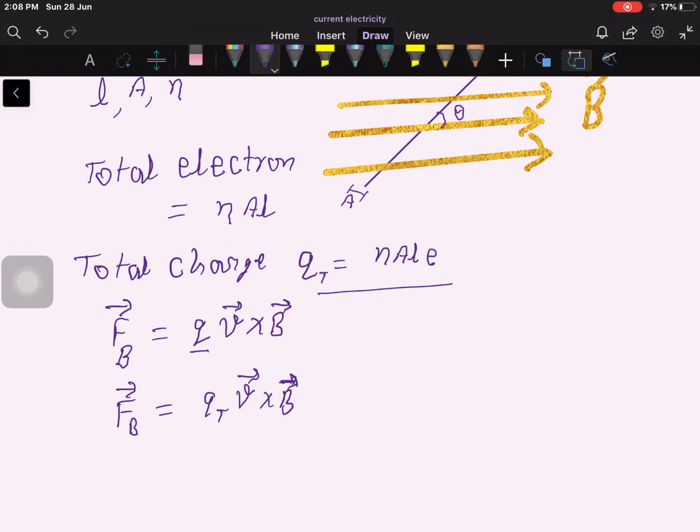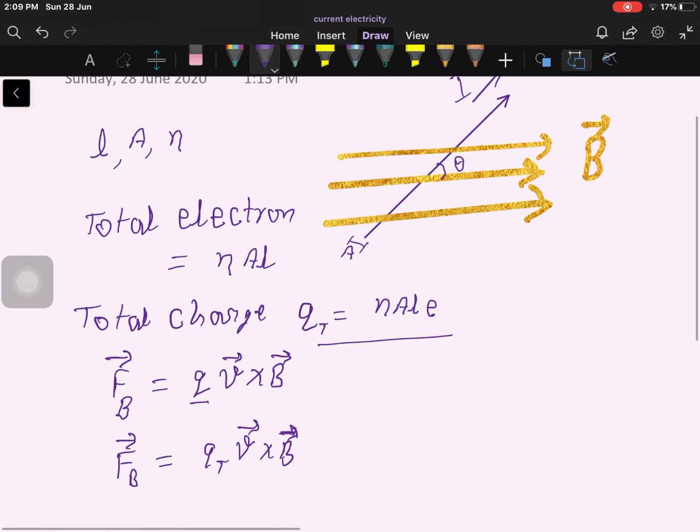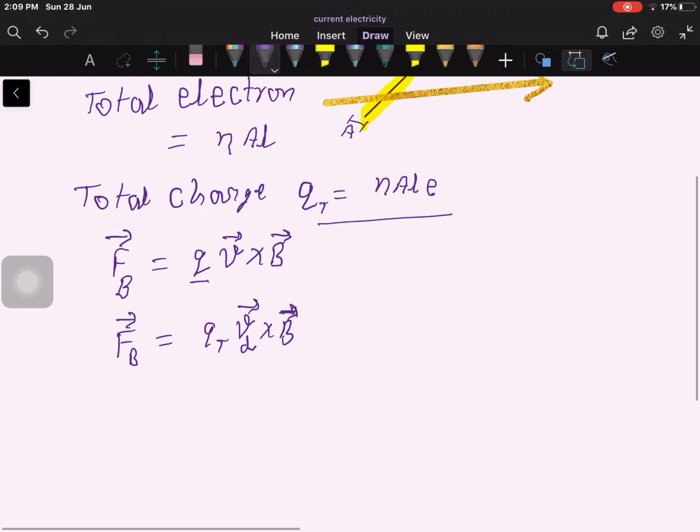I left one more thing. Can you tell me the speed with which all these electrons are moving in this current carrying conductor? We already stated that whenever there is current, electrons move with drift velocity Vd. So here it should be Vd.